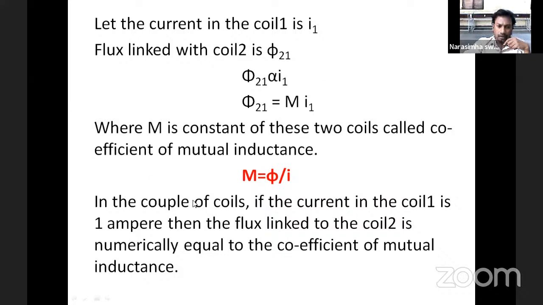In this couple of coils, if the current in coil 1 is 1 ampere, then M is equal to phi. If I is equal to 1 ampere, then mutual inductance equals the flux value. With this we conclude this session, and in the next concept we will continue in the next class.